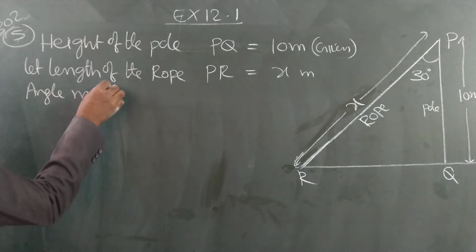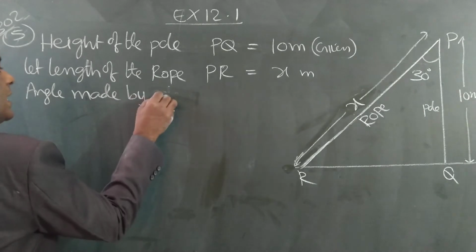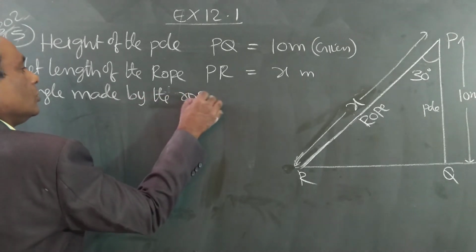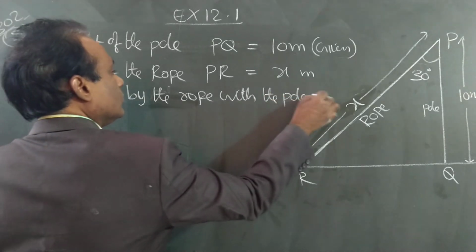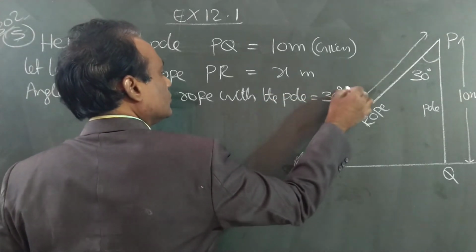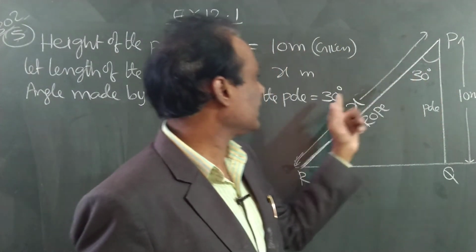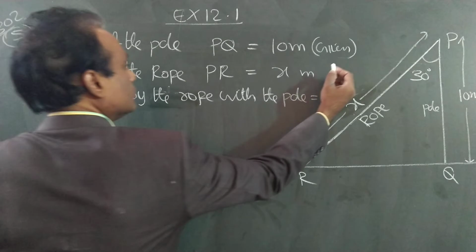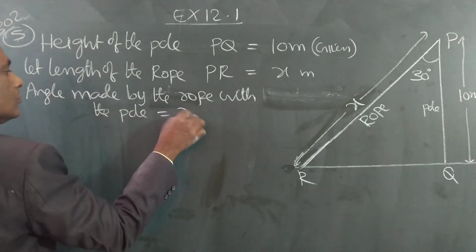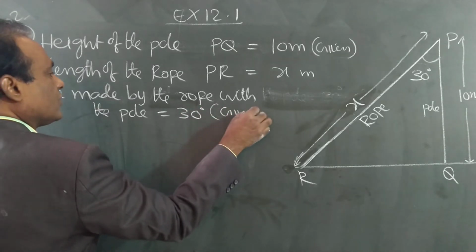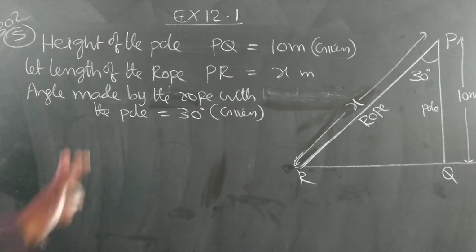Angle made by the rope with the pole is 30 degrees. That is given. This is also given. Now all the introduction is over.